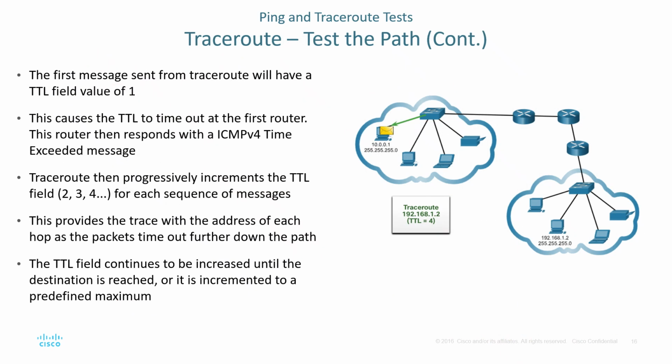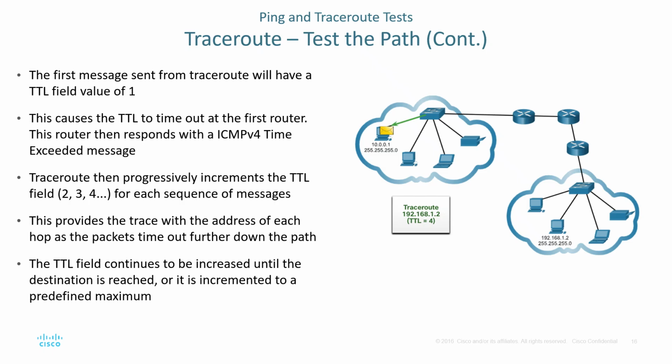The first message sent from traceroute will have a TTL field of 1. This causes the TTL to time out at the first router. This router will then respond with an ICMP version 4 time exceeded message. Traceroute then progressively increments the TTL field for each sequence of messages. This provides the trace with the address of each hop as the packet times out further down the path.